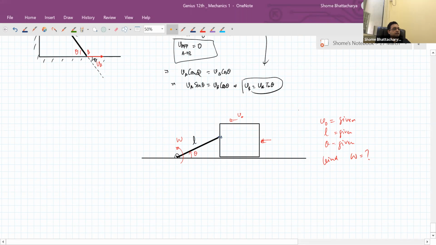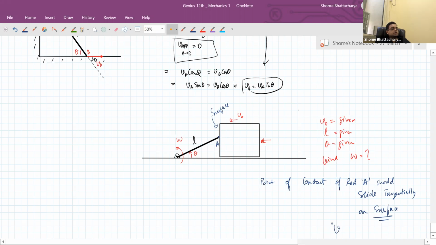Let's say the point in the block which is in contact is B, whereas the point on the rod which is in contact is A. So what should happen here is that the point of contact of the rod A, actually not so much about the point B, but it's more about the surface, should slide tangentially on the surface.